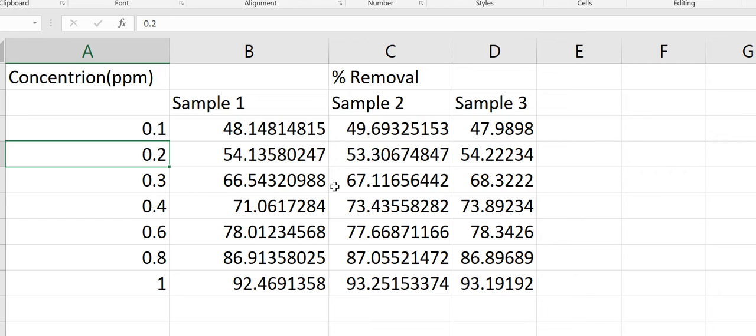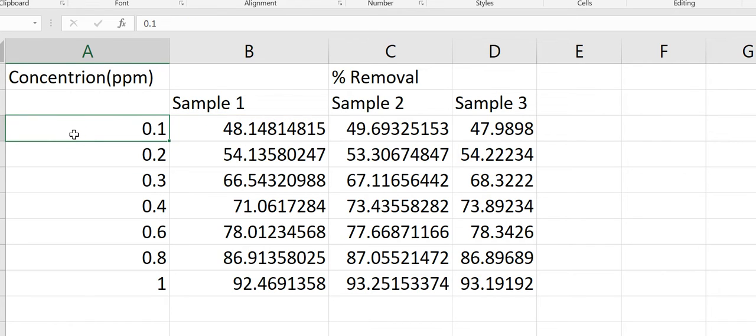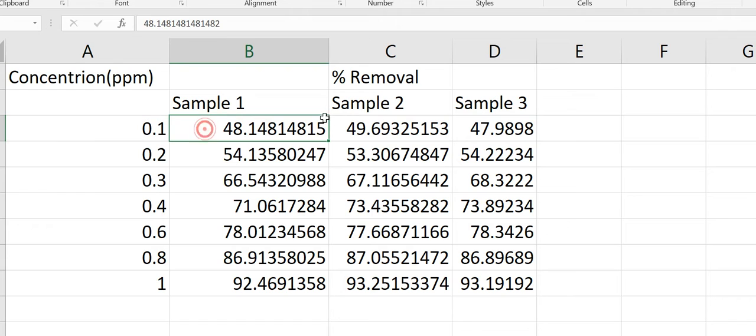If you have this kind of data, how can you apply average? For example, here is the data set of sample 1. This is the concentration, and you are studying the effect of this 0.1 ppm concentration solution on percentage removal. It means you are taking 3 readings, for sample 1, sample 2, and sample 3.